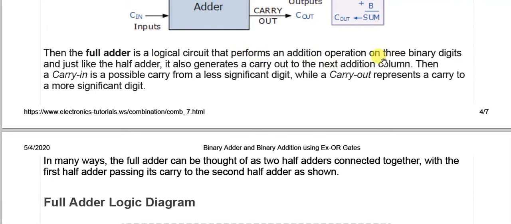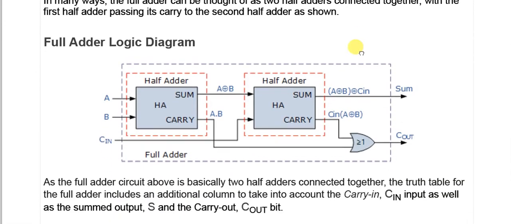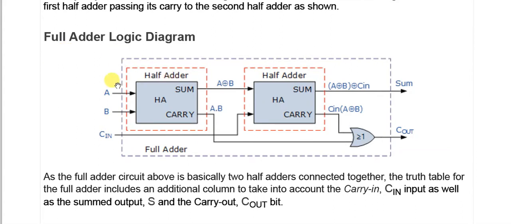It also generates a carry out for the next addition column. So now let's see inside the big full adder that constitutes the complete logic circuit, with the carry in, the sum and the carry out. What we have is that it is actually made from 2 half adders.